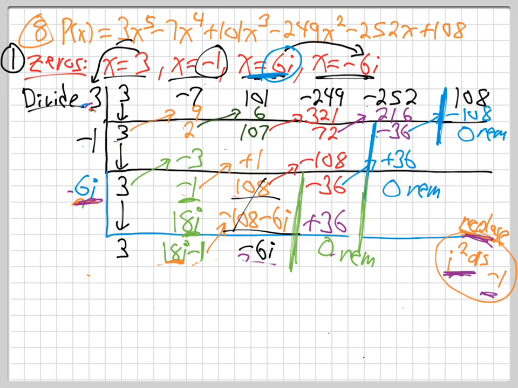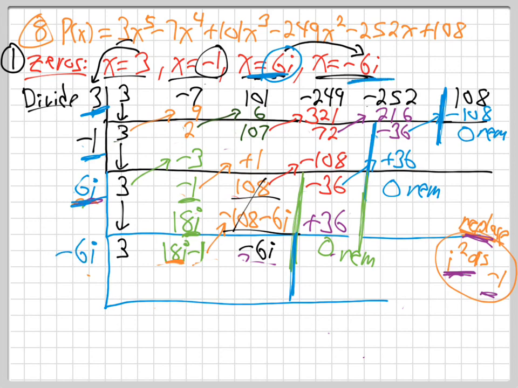So now we have one more 0 we still haven't used. Right? We used 3. Let me get rid of this stuff here. That was 3. We used the 0, 3, the negative 1, the 6i, one more to go. The minus 6i.